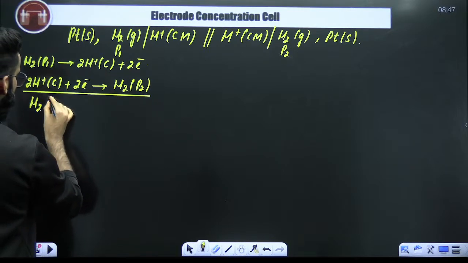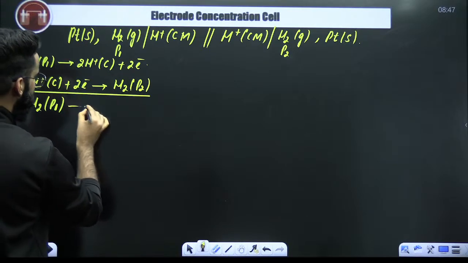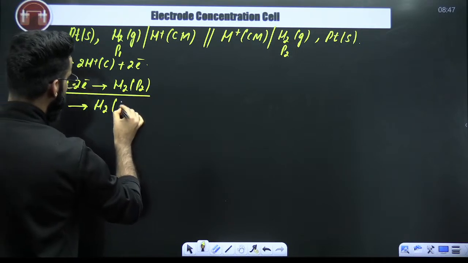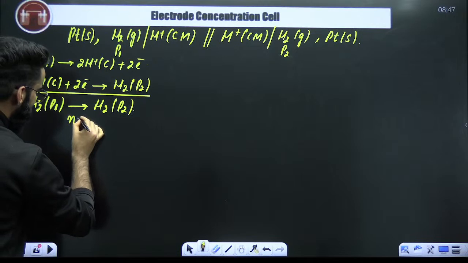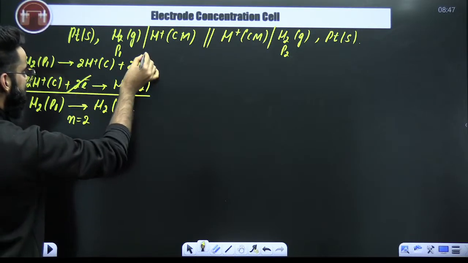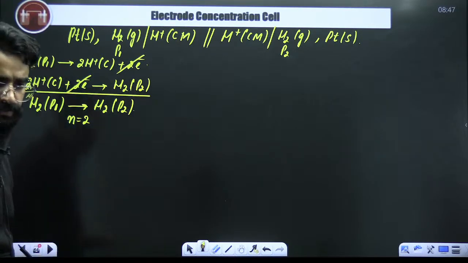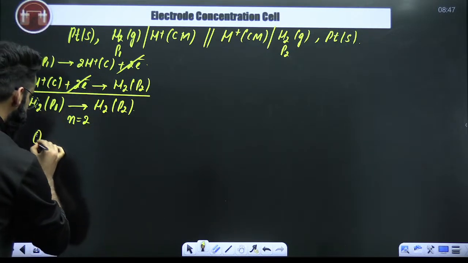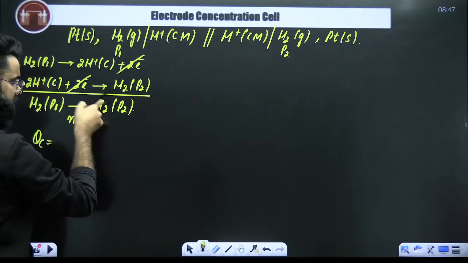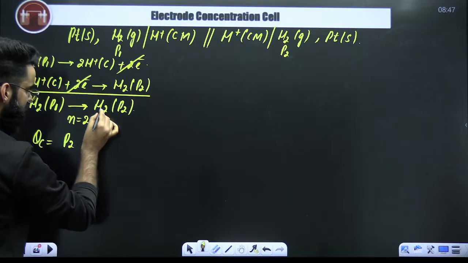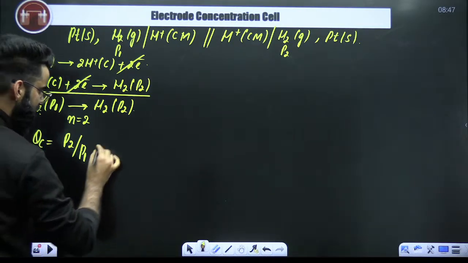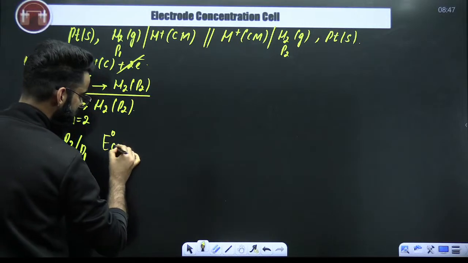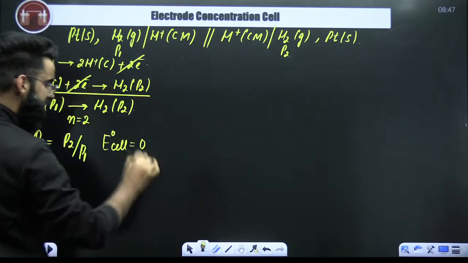So my net reaction is going to be H2 with partial pressure P1 gives H2 with partial pressure P2. Now tell me how many moles of electrons are exchanged? I'll say 2 moles of electrons are exchanged in the net cell reaction. N value is 2. Now if I ask you what about QC? QC value is going to be, start with the product, partial pressure of H2 here, which is P2, divided by partial pressure of H2 here, that is P1. So QC we got. Since it's a concentration cell, its E naught cell value has to be 0.